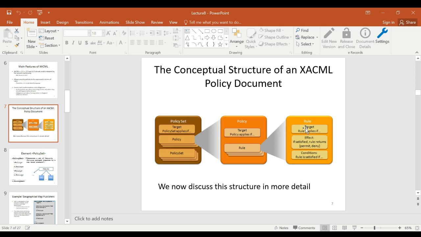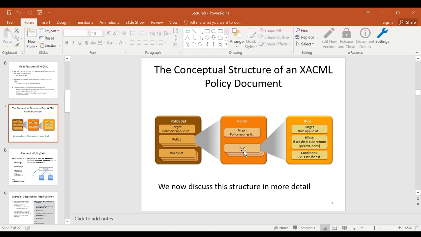Okay, so in order for us to save ourselves from replicating this target across all the rules, XACML allows us to do something very nice, which is to extract that target element and put it at the level of the policy. Okay, so if you see a target at the level of the policy element, that means that that target applies to all the individual rules which are written within the policy.